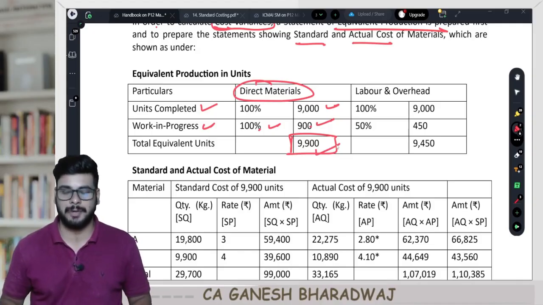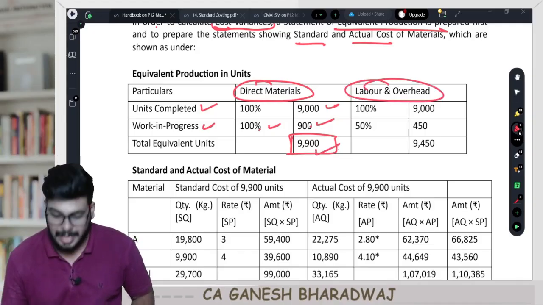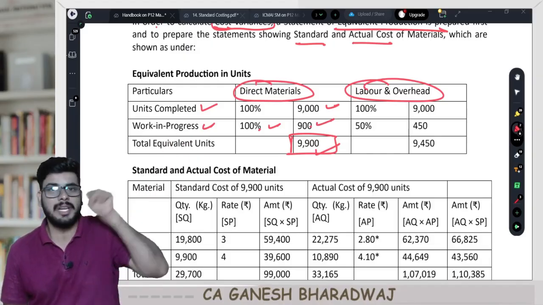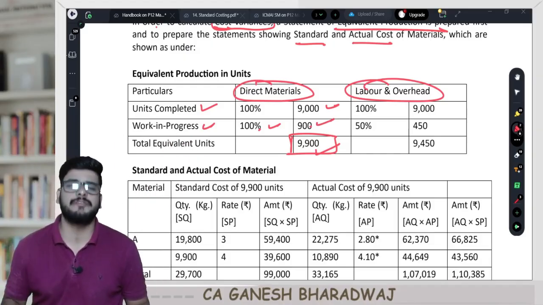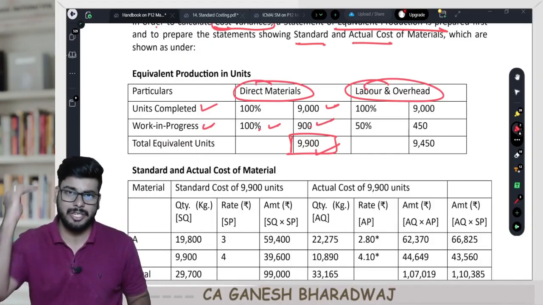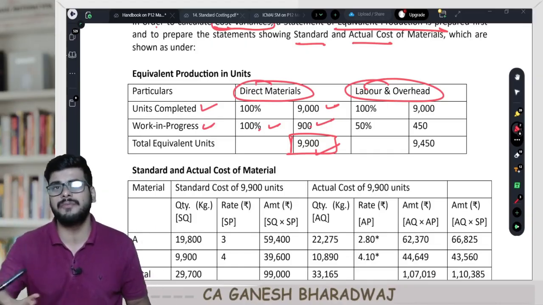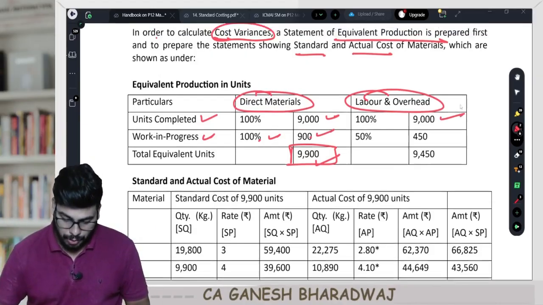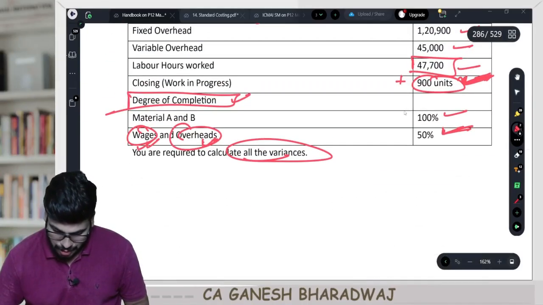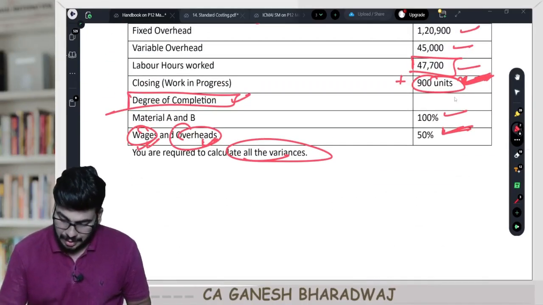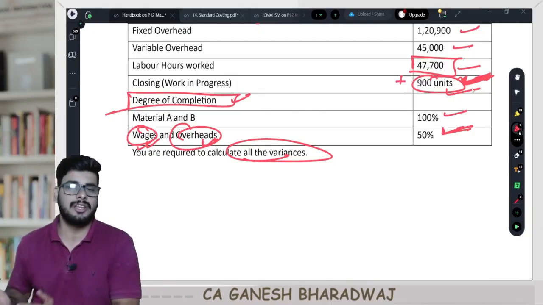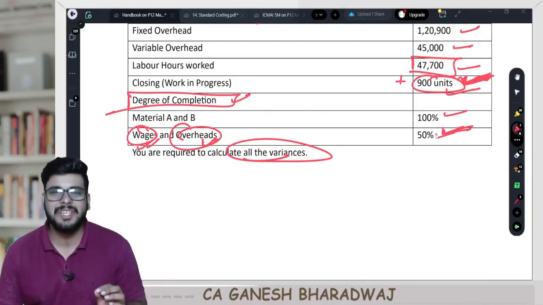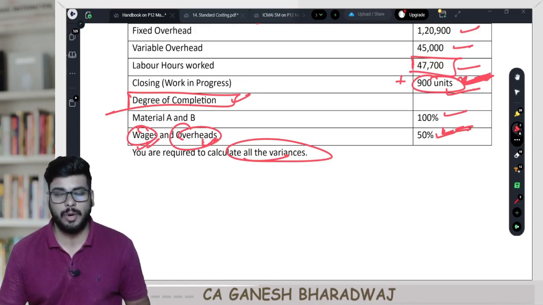This is the interpretation. Whereas with respect to labor and overheads, by consuming my labor and overhead cost, how many units have been produced? Anyways, the 9,000 units sold are fully complete. Only if they are complete, they can be sold, right? So 9,000 units. However, if you look at the question, they have clearly mentioned that the 900 units lying in your closing WIP are only 50% complete with respect to labor and overheads.